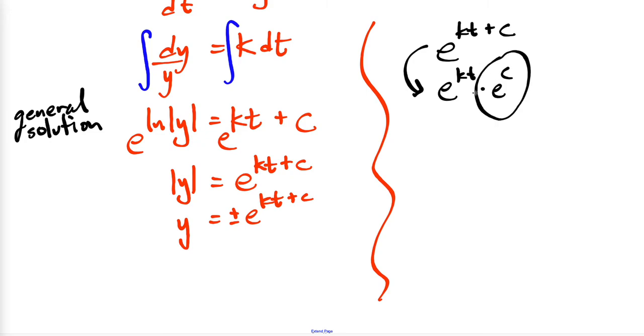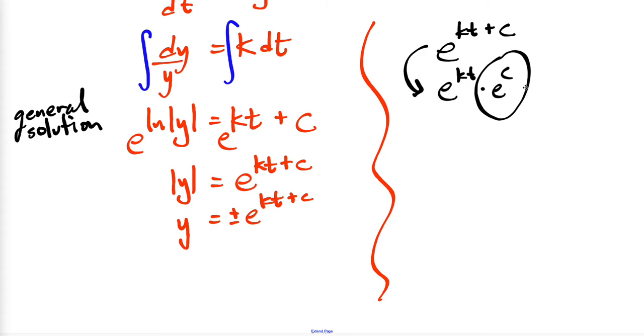E to the C, any kind of numeric operation involving the constant just absorbs into the constant. Because you're trying to find this number at the end anyway, say C ended up being 2, you would end up just doing e squared anyway, like you wouldn't actually say it's 2.